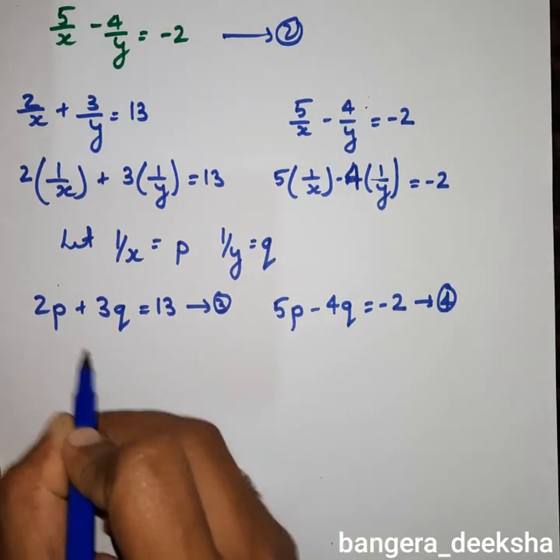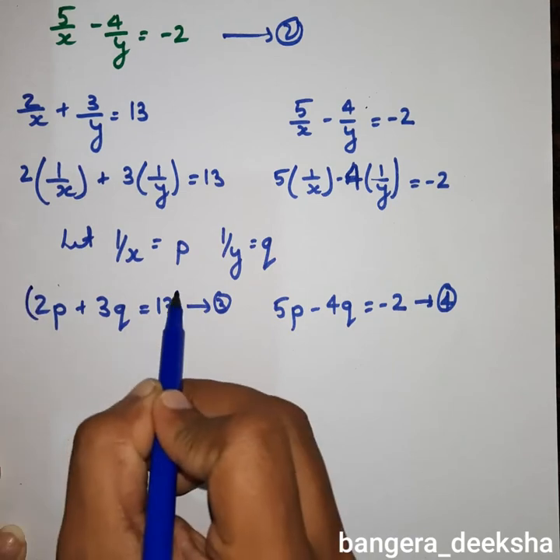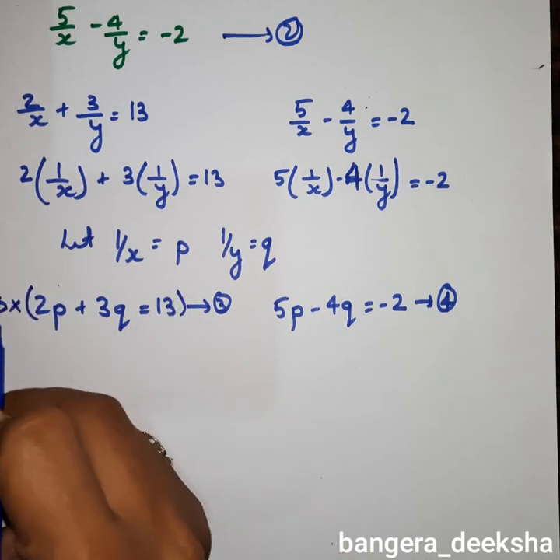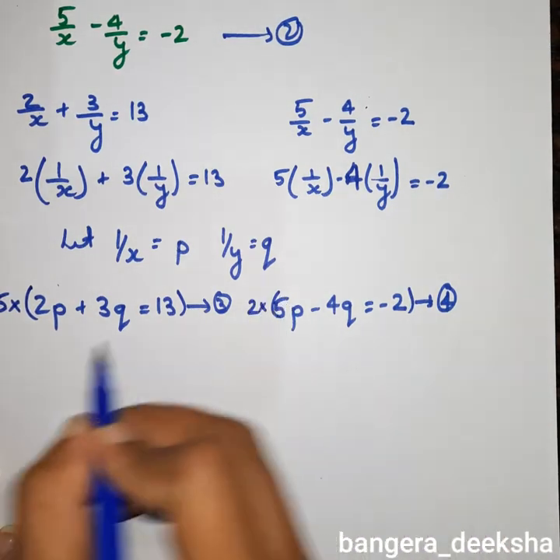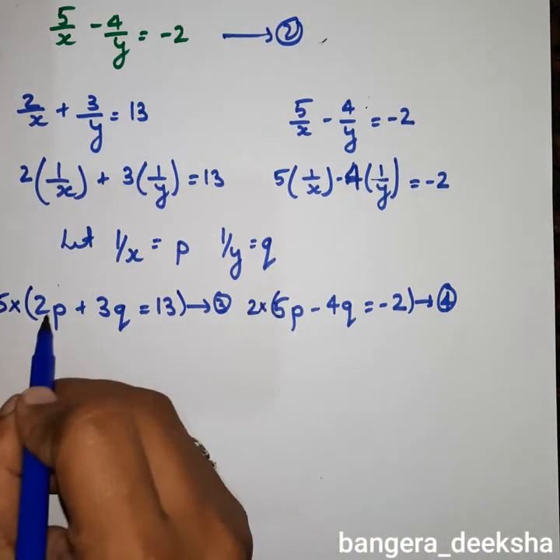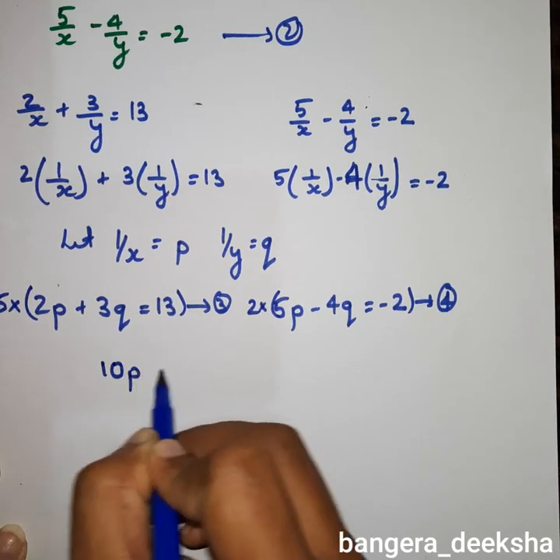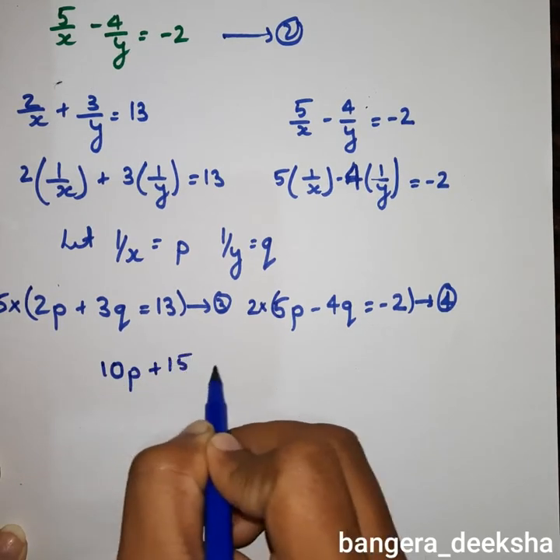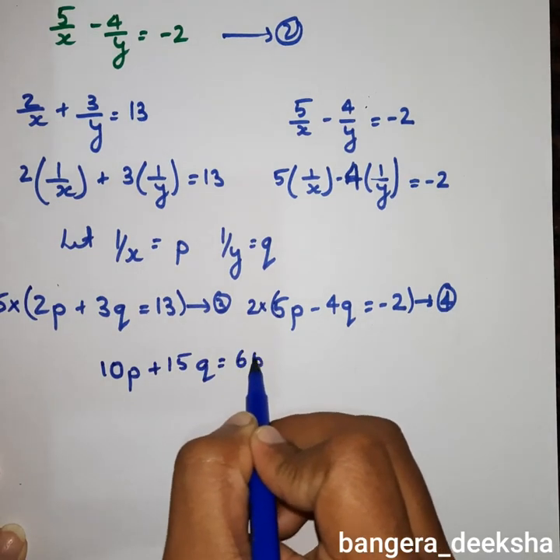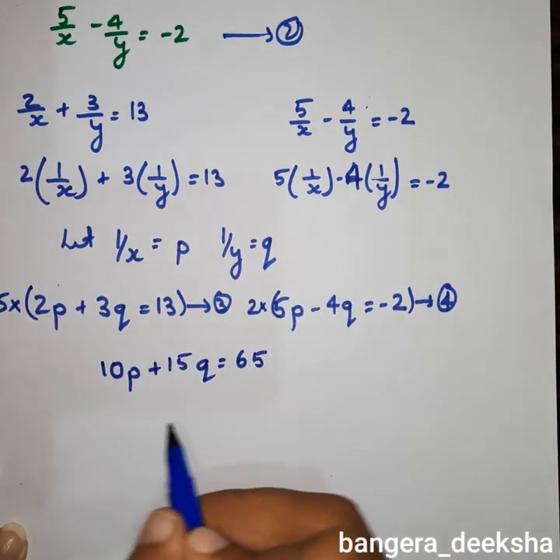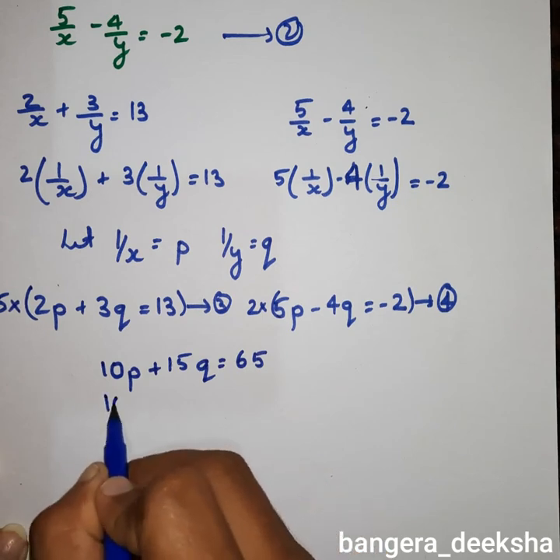To make it equal, for the third equation, I'll multiply it with 5, whereas the fourth equation, I'll multiply it with 2. So I'll get the third equation as 10P + 15Q = 65.